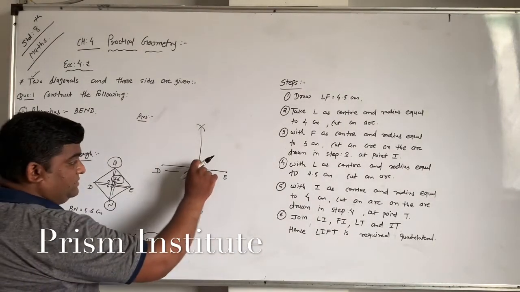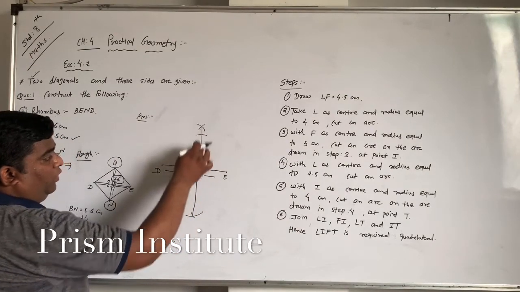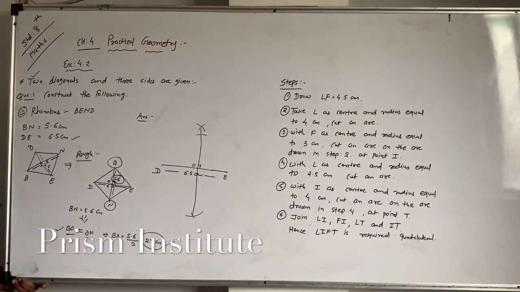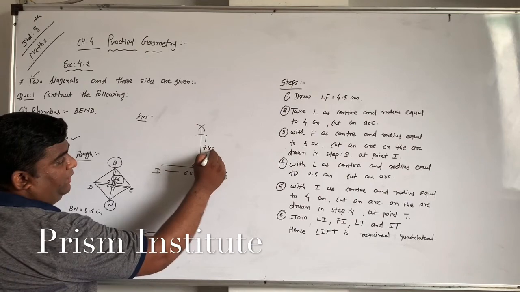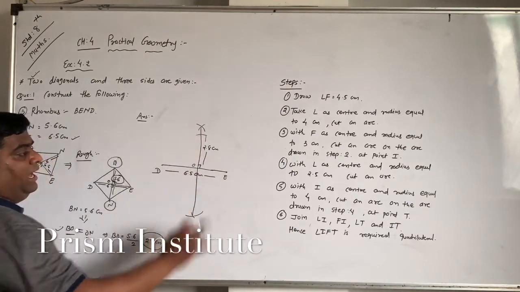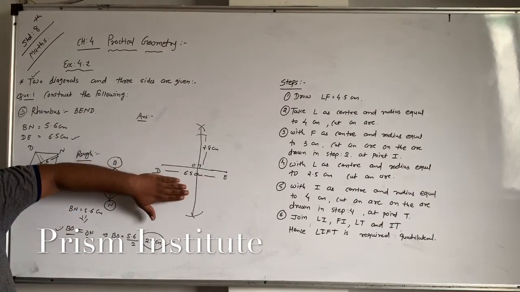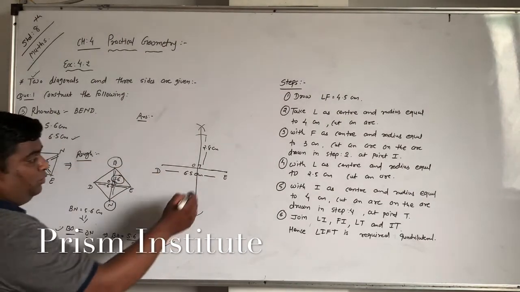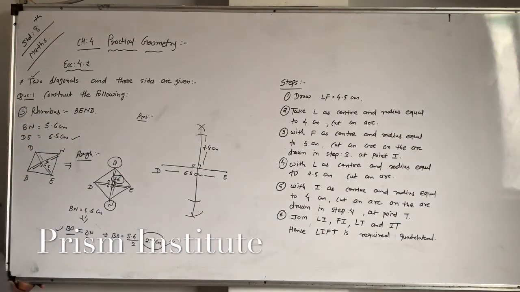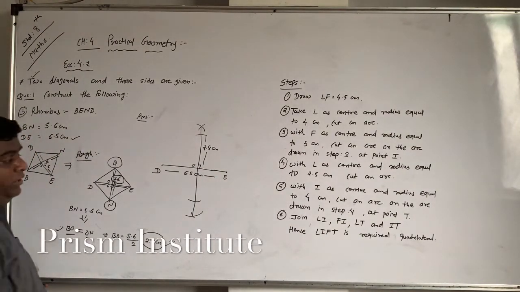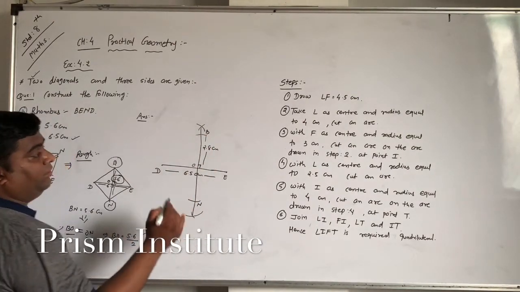Cut the arc on the bisector line. Now the same procedure with the lower half plane. Take O as a center and draw the arc in the lower half plane. So that point is your B and that point is your N.